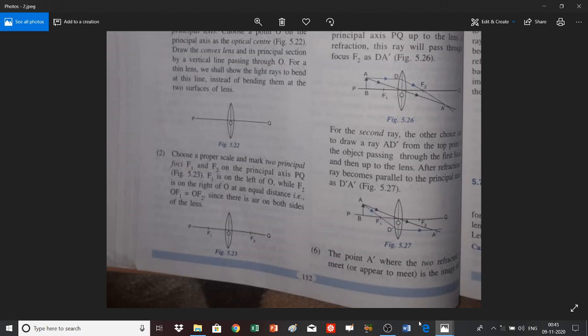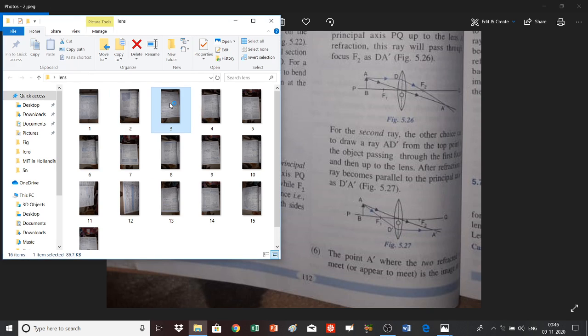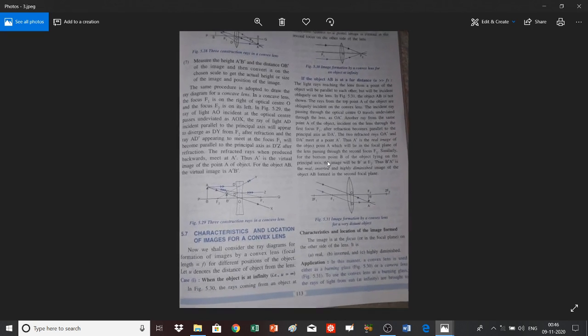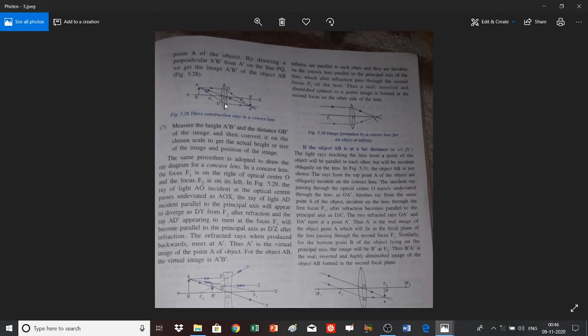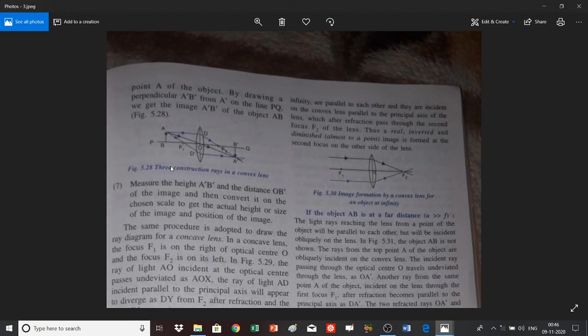So next, go to the third one. From here we can understand, as summarized once again, that this is the object, and one ray is passing through the optical center and will pass in this direction.